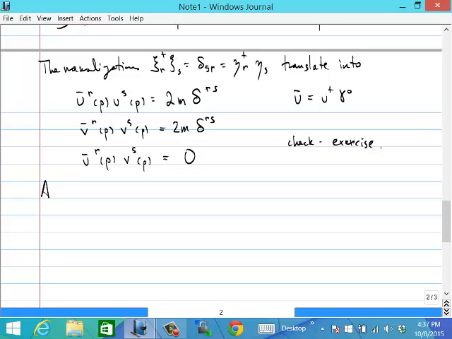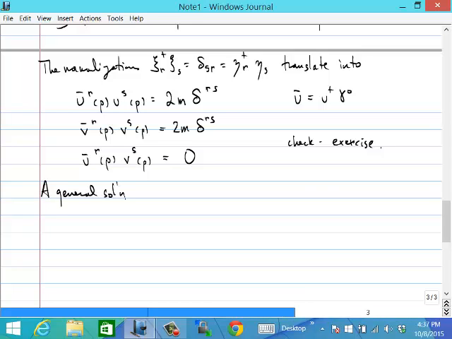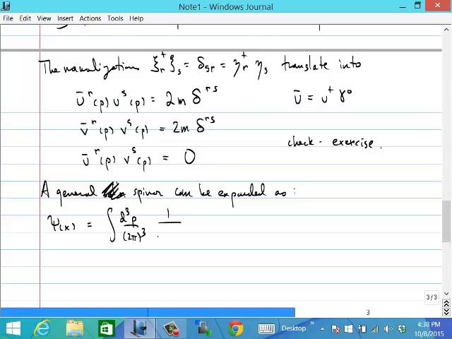So the idea is that a general solution, or a general spinor, can be expanded. A 4-component spinor psi can be written in momentum space as an integral d3p along with some normalization factor.